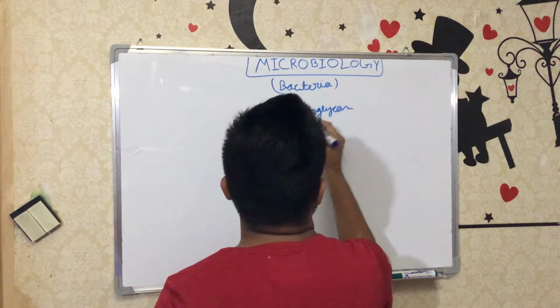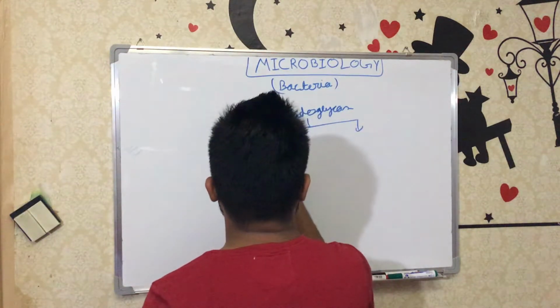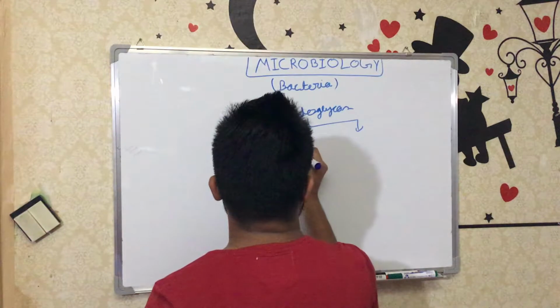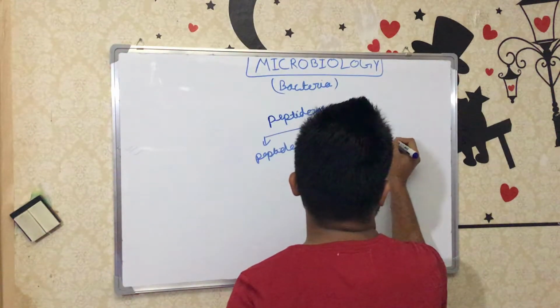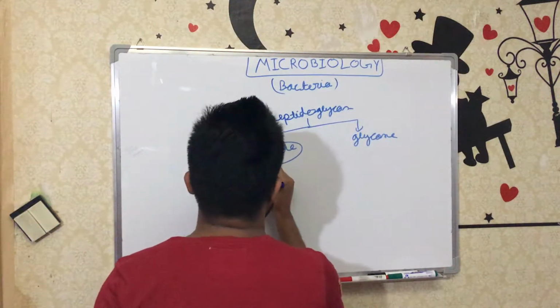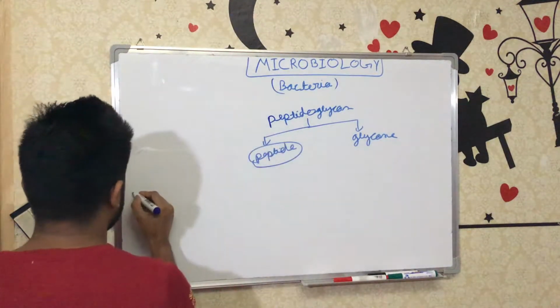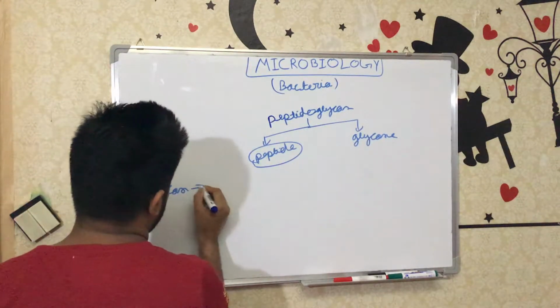Peptidoglycan is divided into two parts: peptide and glycan. The peptide is part of the amino acid. Let's discuss the glycan. What is the glycan?